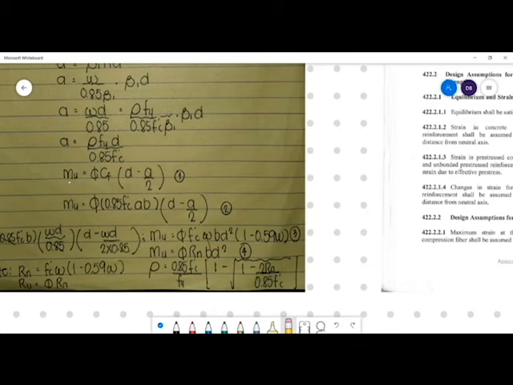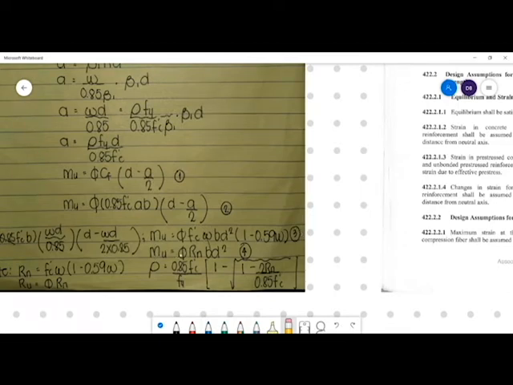First, Mu is equal to phi multiplied by C times d minus a over 2. Mu is equal to phi and 0.85 f'c ab times d minus a over 2. That is formula 1 and formula 2. Formula 3, we express it in terms of omega: Mu is equal to phi omega f'c bd squared times 1 minus 0.59 omega.